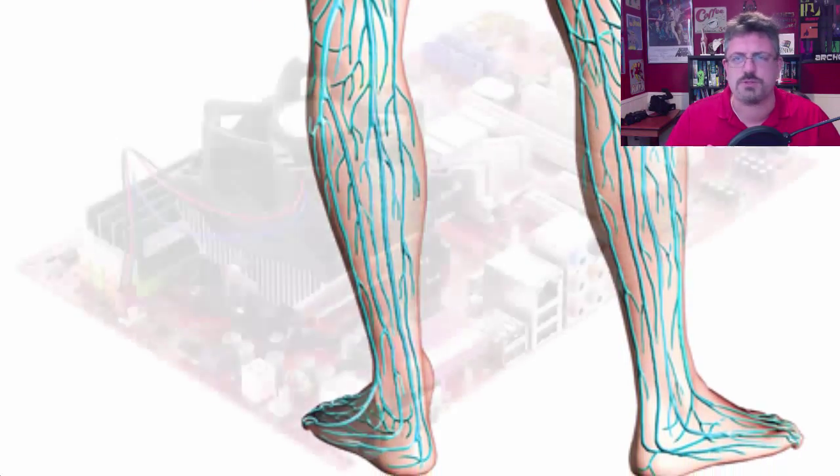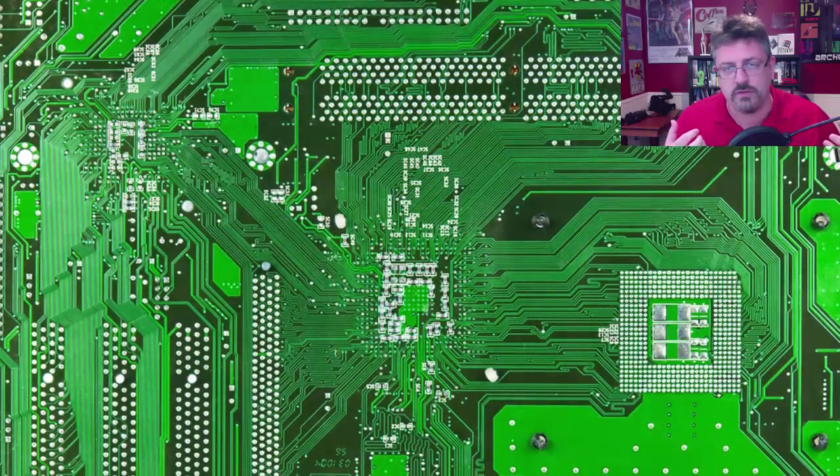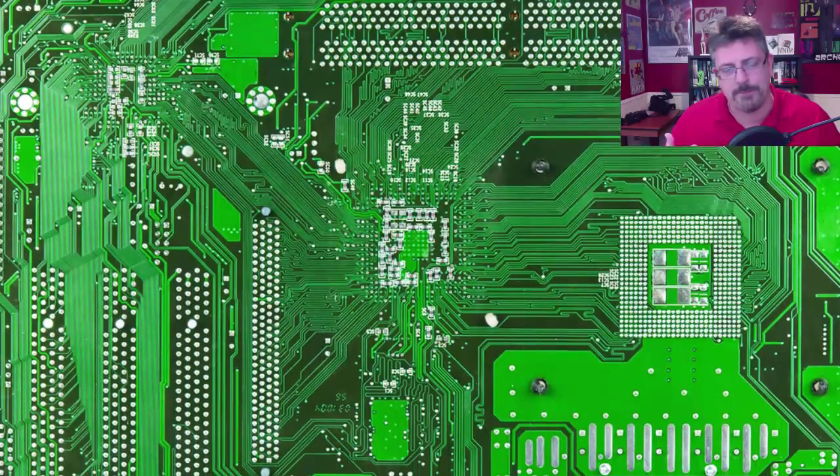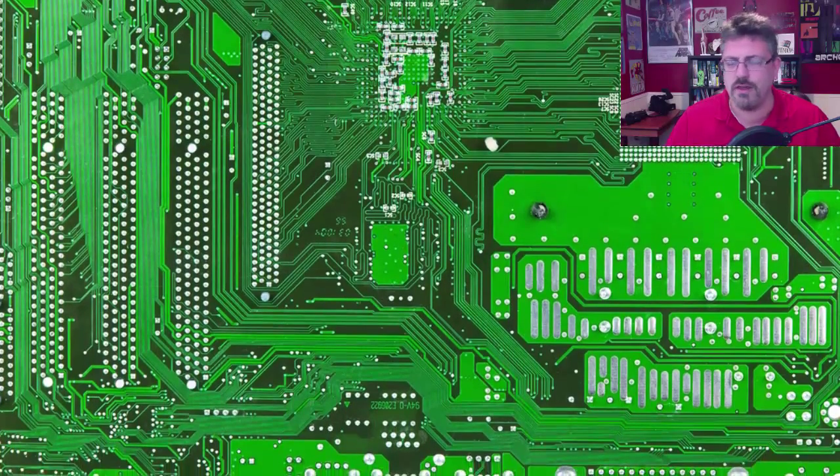When we take a closer look at the motherboard, you're going to notice that the motherboard has a series of nerves all throughout it. Now, we don't call these things nerves, obviously. We'll talk about what those are technically later. But it's a series of wires that allow signals to be sent from different components of the motherboard to the CPU.